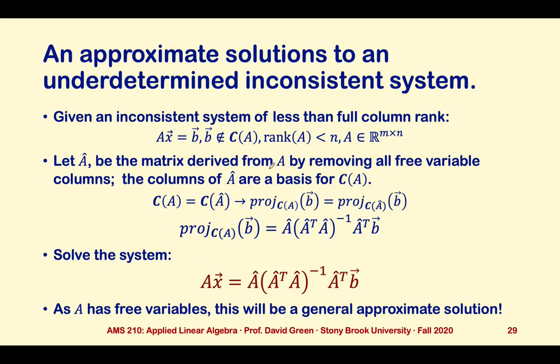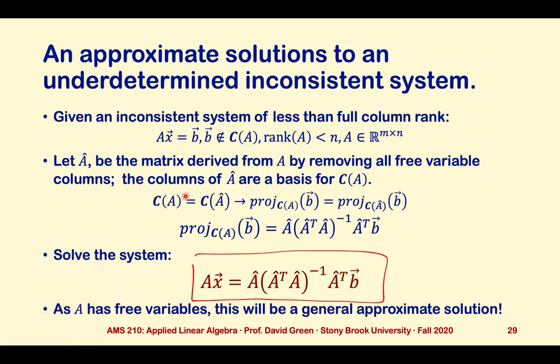So this would require a multiple step process. First of all, finding a basis for the column space of A, finding A hat, then finding the projection, and after we've found the projection, solving the system AX equals this projection.